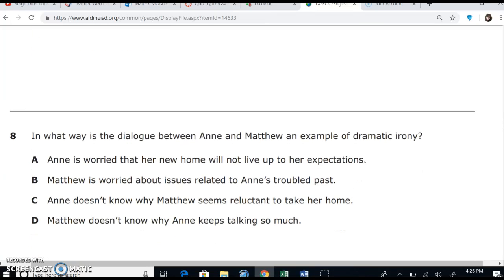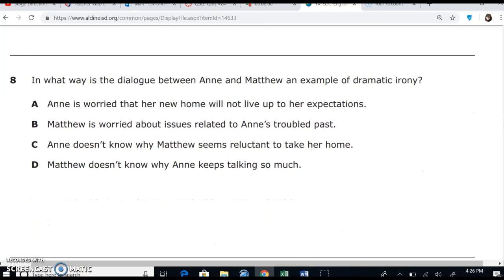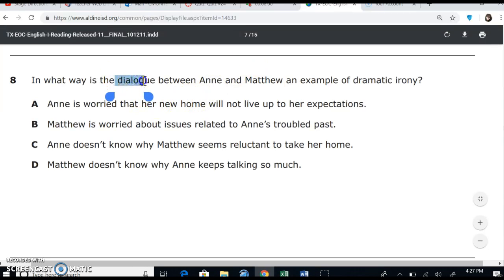Okay, let's look at number 8. In what way is dialogue between Anne and Matthew an example of dramatic irony? Okay, so this question, the state of Texas is throwing in two academic words. They're using dialogue, and then over here we're looking at dramatic irony.